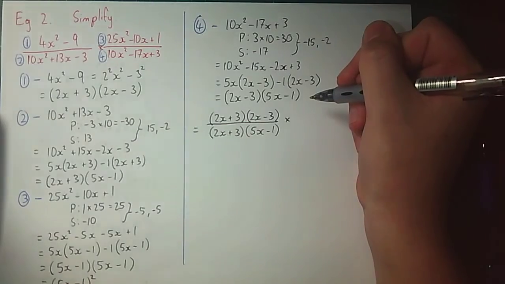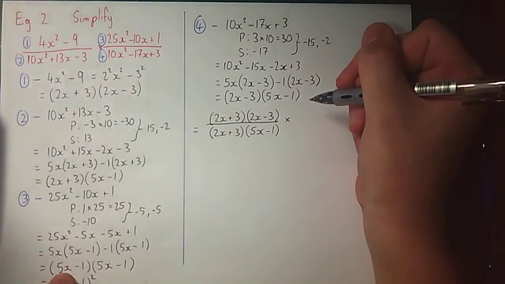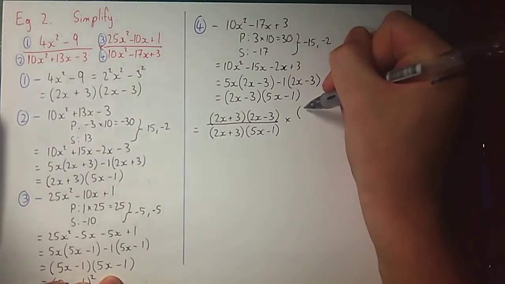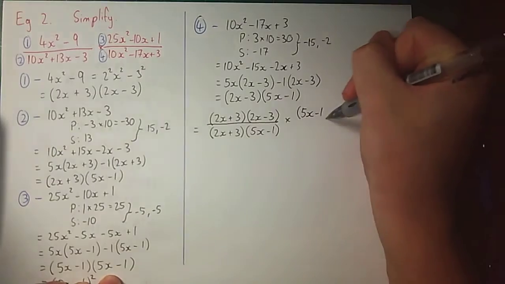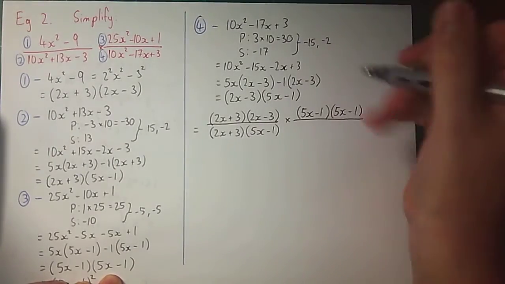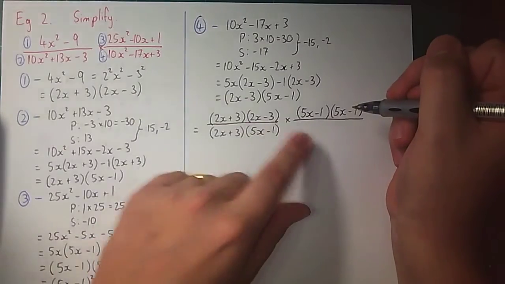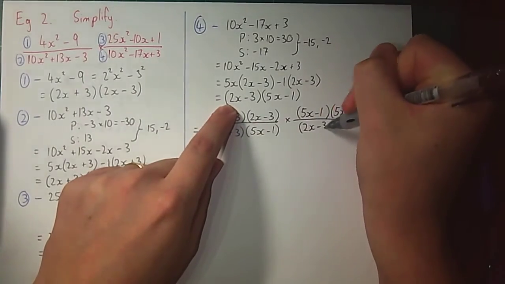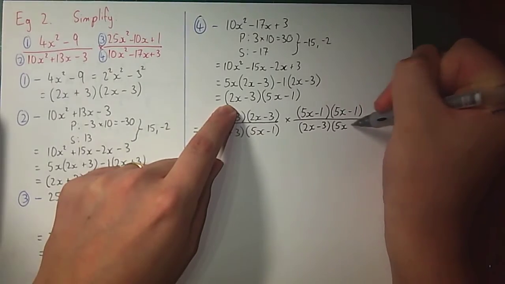We've got 5x minus 1 all squared. Because I think there's going to be lots of cancelling out, I'm just going to put them out expanded just for the moment. We're going to have 5x minus 1, 5x minus 1, and then finally on the bottom we have our 4th option, which is 2x minus 3, 5x minus 1.